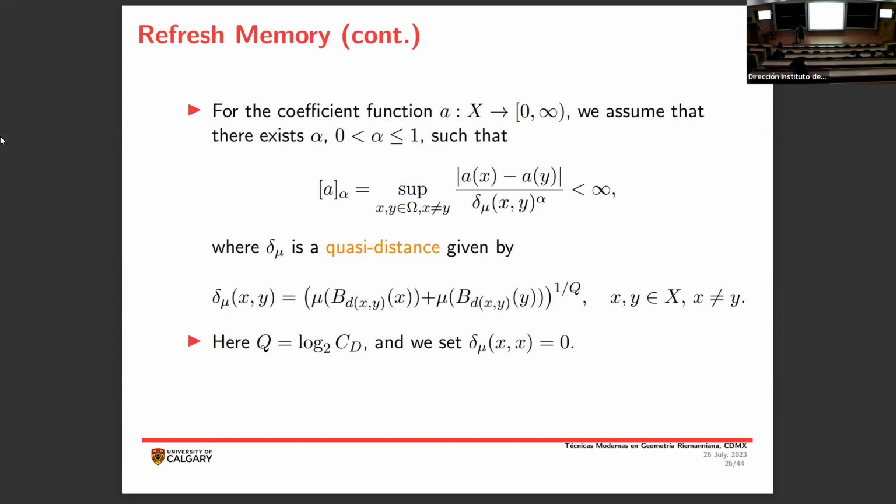Another quick question: is anything known about higher order operators, for instance the bilaplacian in metric measure spaces? What could be the kind of H2, M2 or something like that? It is not known. I have to be honest, I don't know.